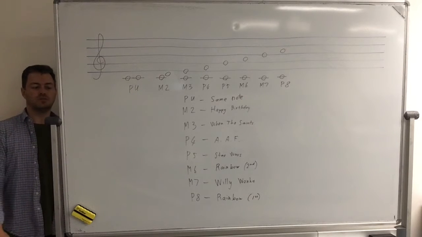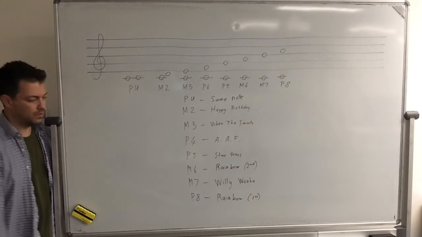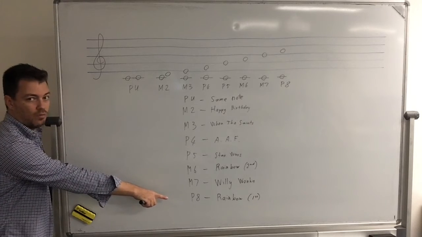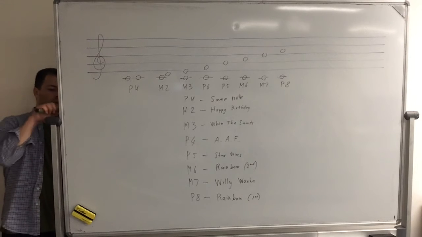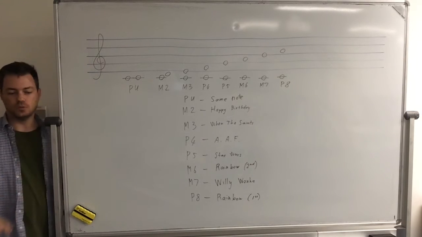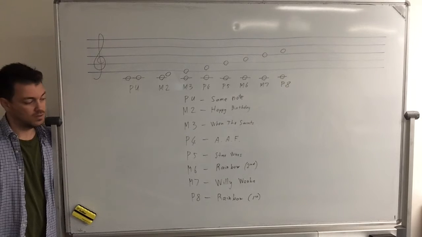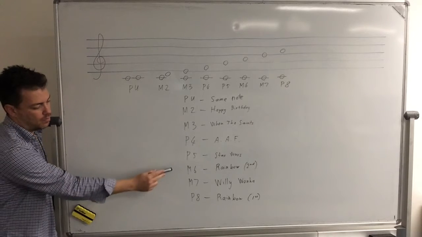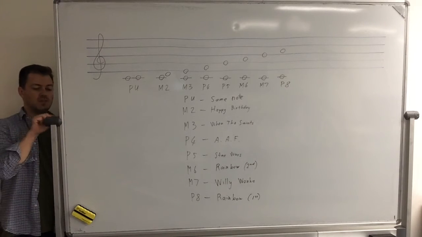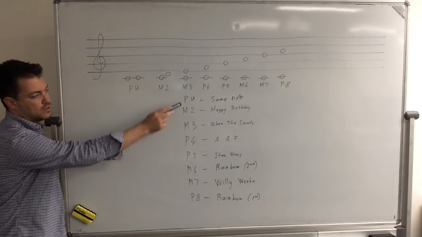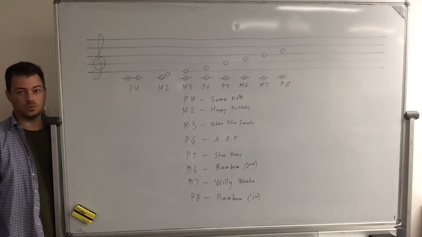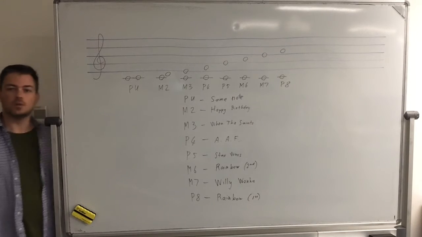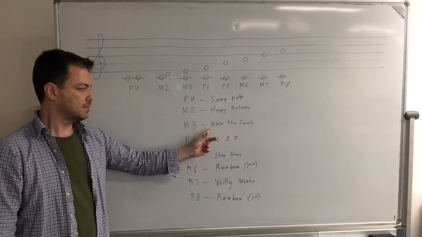The fifth interval was a perfect octave, first phrase of Somewhere Over the Rainbow. The sixth interval was a major sixth, the second phrase of Somewhere Over the Rainbow. The seventh interval was a perfect unison, the same note. Nice and easy one, that one. And the last one, which is just the one we have left, is a major third, O When the Saints.